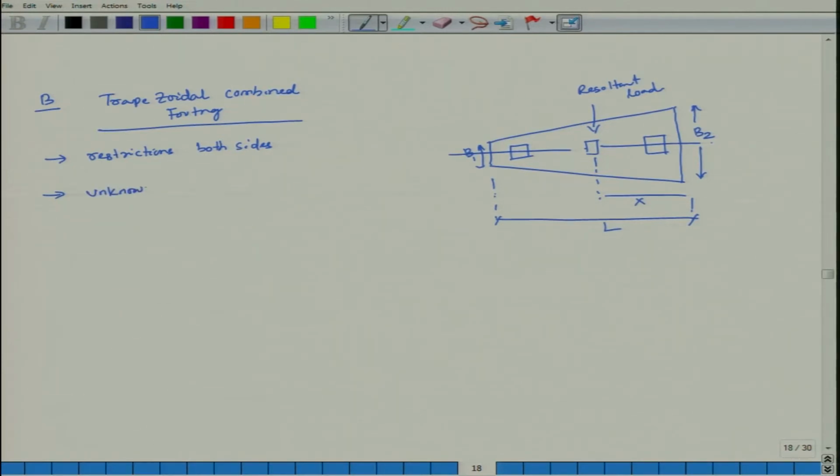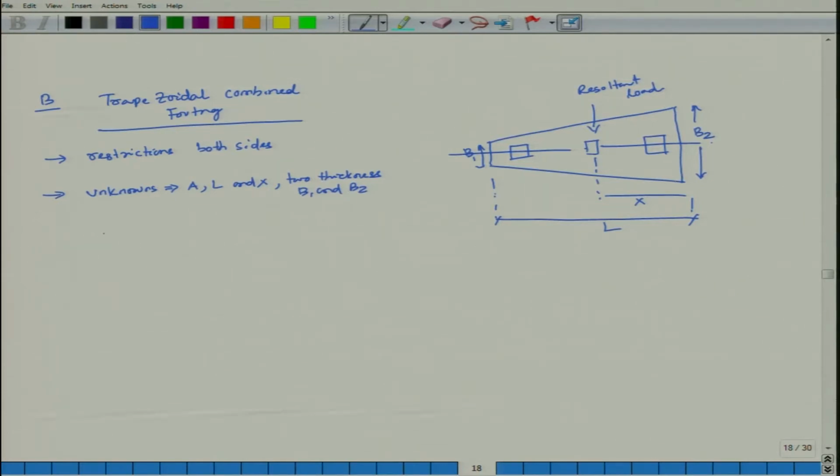Unknowns are A, L and small x, and two widths B1 and B2. What is A and L? A is your total area, L is the length of the trapezoid, x is the distance from the exterior side of the column to your CG, and the two widths B1 and B2.